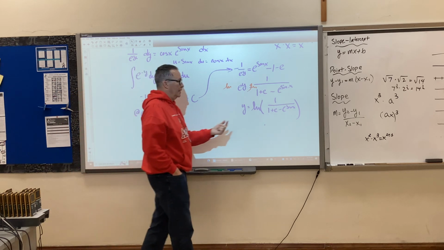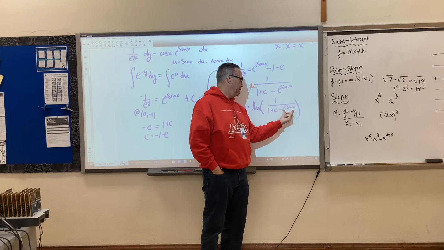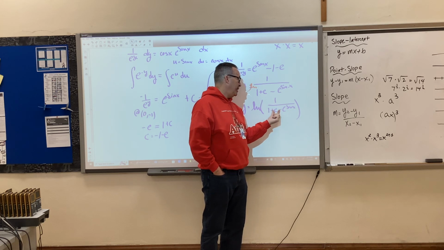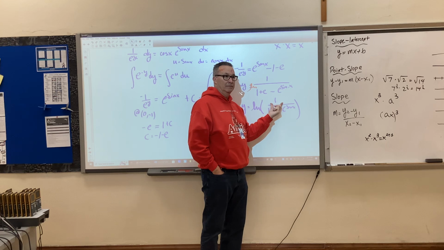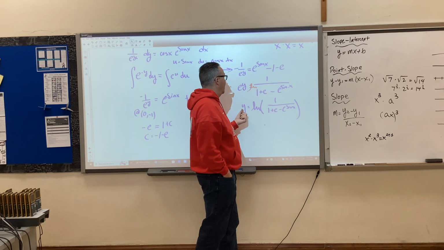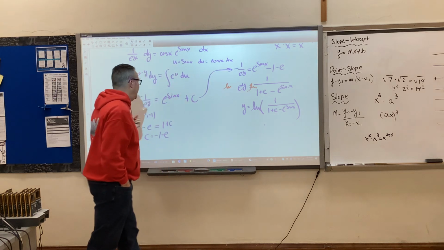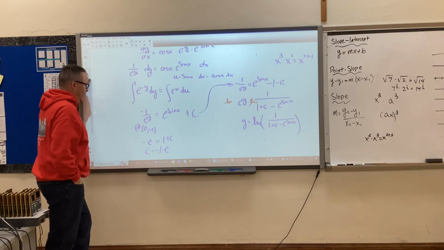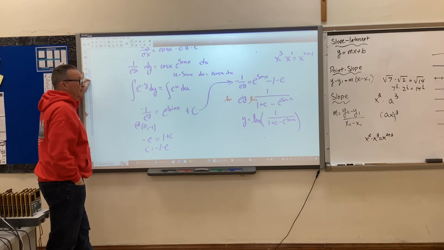Okay. Sine of 0 is 0, e to the 0 is 1, 1 minus 1 is 0. So I have 1 over e, which is e to the negative 1. The natural log of e to the negative 1 is negative 1. Not 1. Should I have a plus or minus someplace? If we integrated it and got the natural log, we would use the absolute value, which is plus or minus.